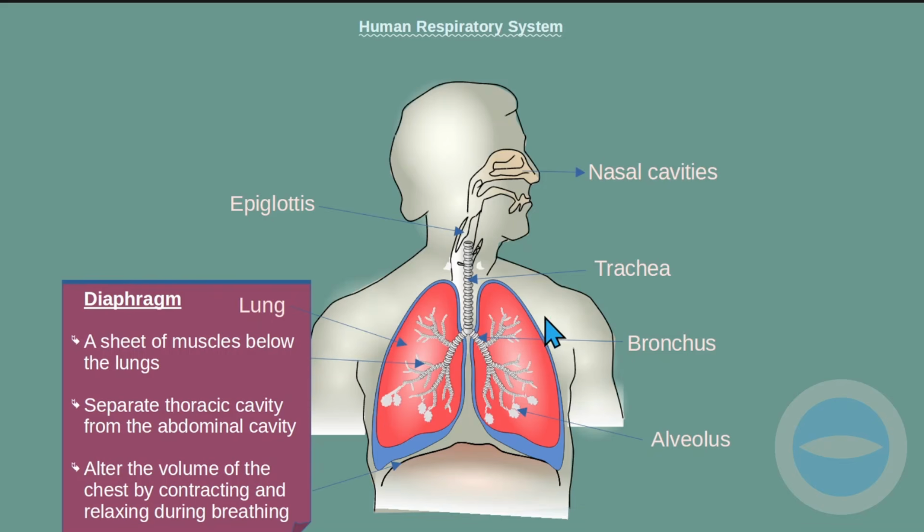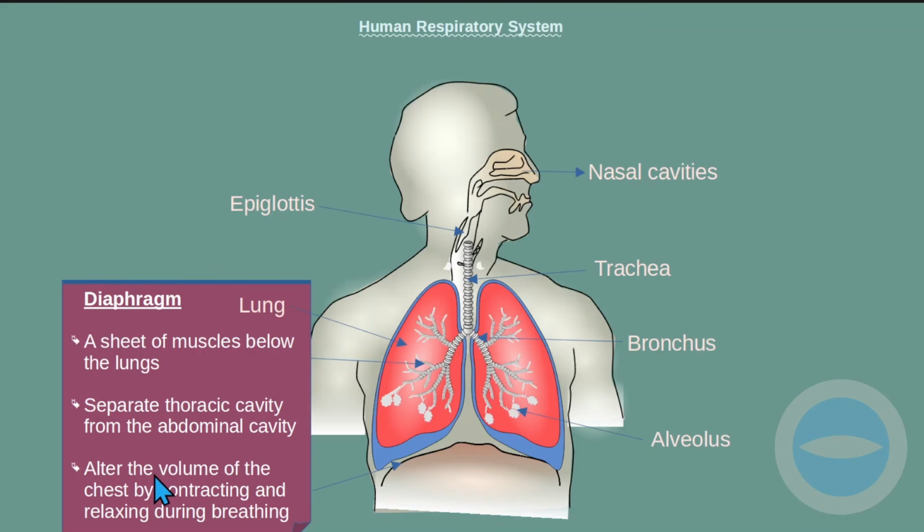Another name for the cavity at the chest is the thoracic cavity. And the abdominal cavity is where we find the stomach, liver, this downwards cavity. So the diaphragm separates these two cavities.